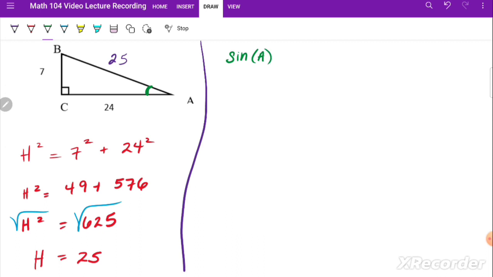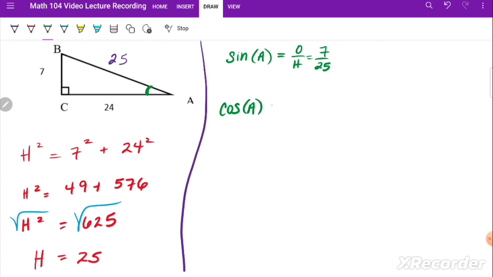And when we do this, we're going to be using this opposite, adjacent, hypotenuse thought process rather than x, y, and r. Sine is equal to our opposite side divided by our hypotenuse. Opposite over hypotenuse. So that'll be 7 over 25.